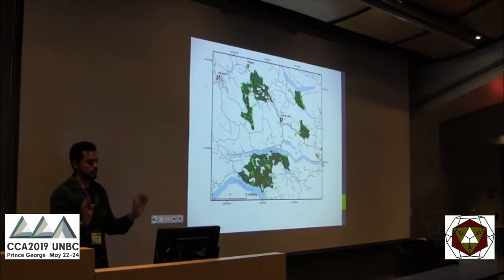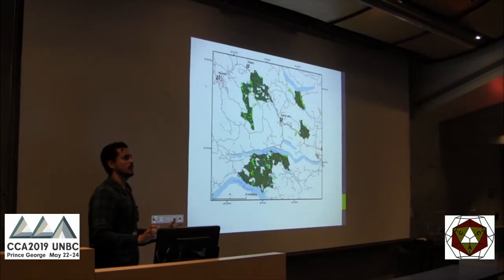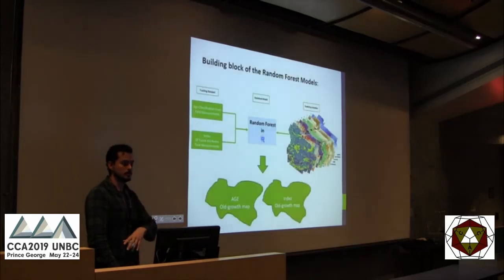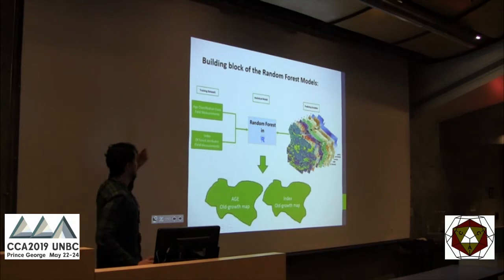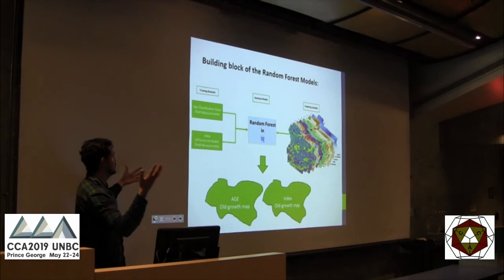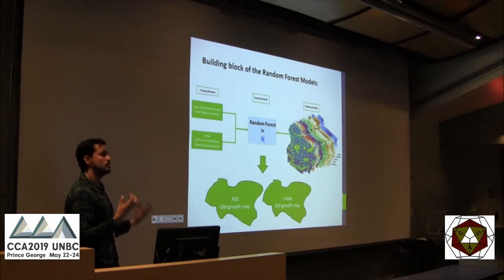But so this is all plot level so far. I have estimates for each of those red dots that you can see here. But if I want to make management decisions, I want to know what I have on the landscape, not just on those plots. And that's where LiDAR and random forest come in. So from those models that I created using age classes, the old growth index, and LiDAR-derived metrics, I created two different maps.